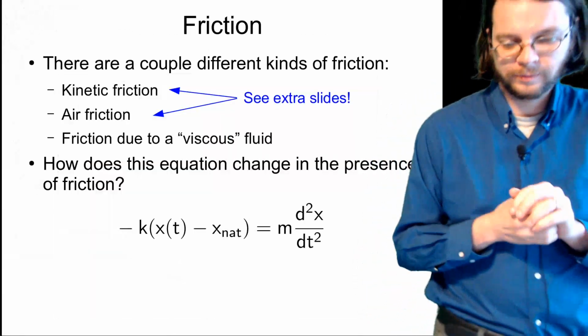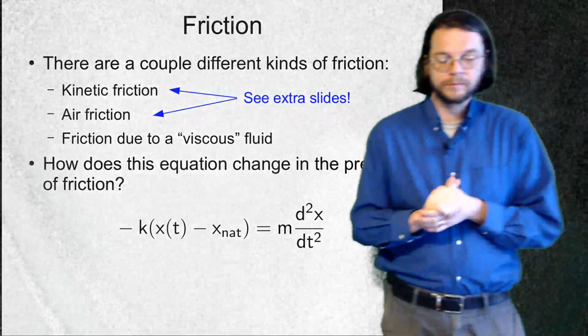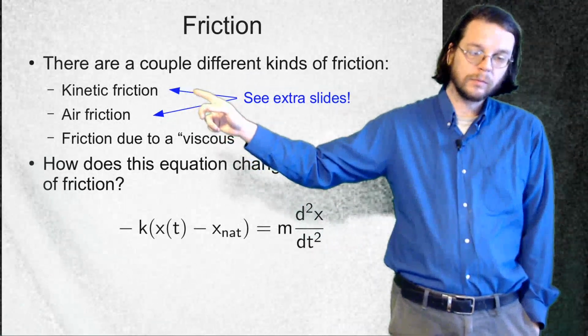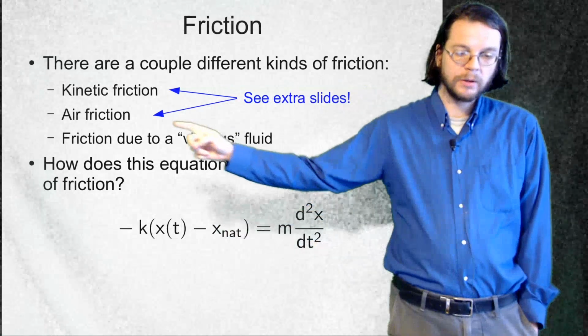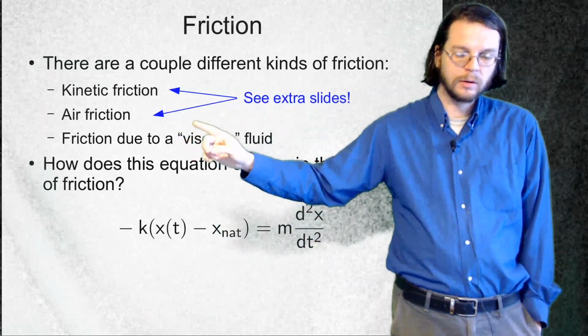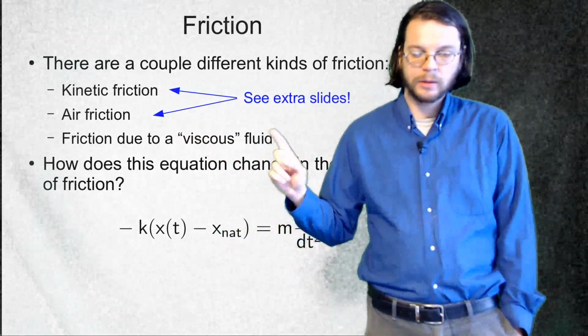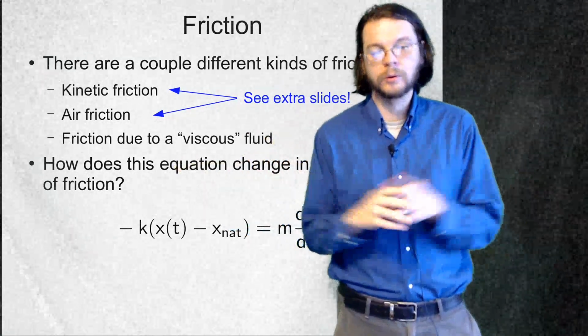All right, so first of all, there's multiple different sources of friction. We've already talked about kinetic friction way back at the beginning of the course. I may have mentioned air friction. Sometimes I give extra slides for that, sometimes I don't. But that's another source of friction. But the friction we're mainly going to talk about today is the friction due to a so-called viscous fluid.